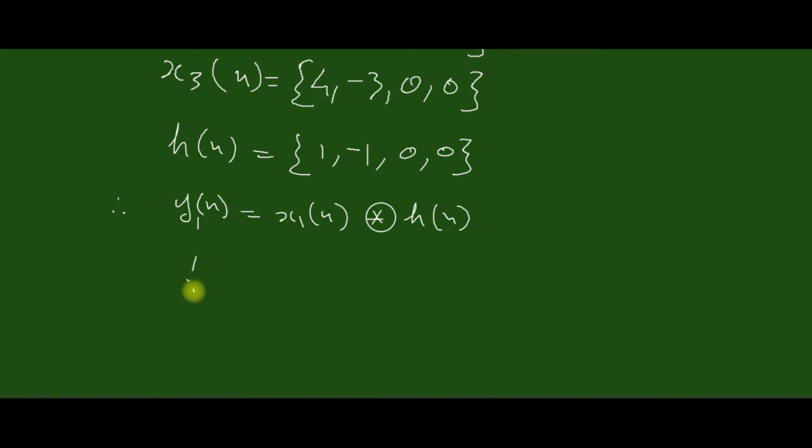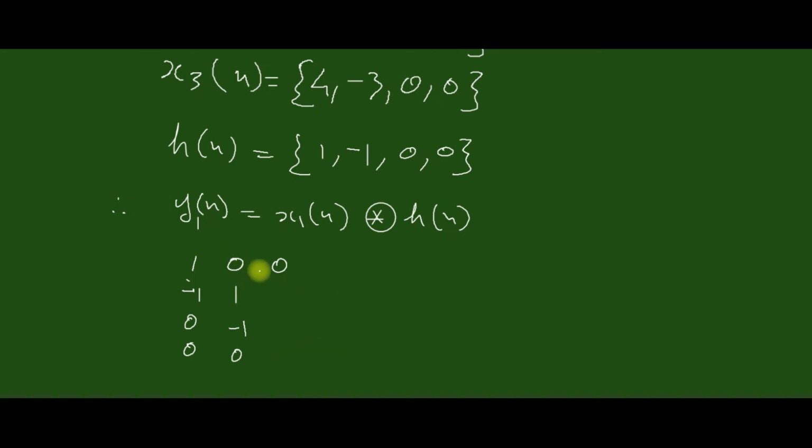1, minus 1, 0, 0, then take the last 0 here, then take this 1 here, then minus 1 here, then 0 here. Again go back, the 0 is put here, then 0, 1, minus 1, then this minus 1, 0, 0, 0.